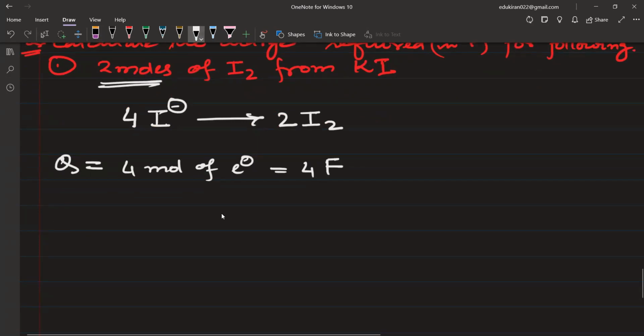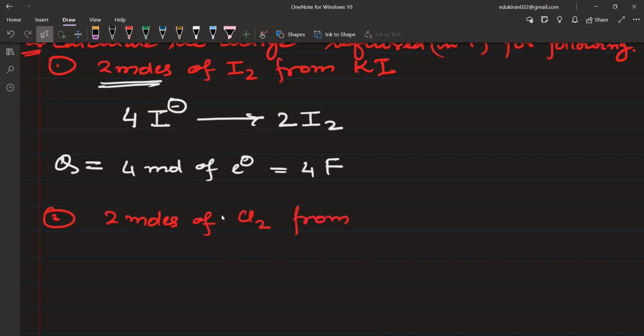For example, if you have been given 2 moles of Cl2 from CaCl2. And here also you don't have to worry so much. You ignore the fact that there are 2 chlorines in CaCl2.